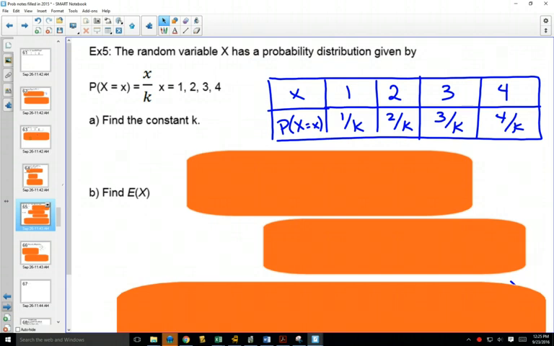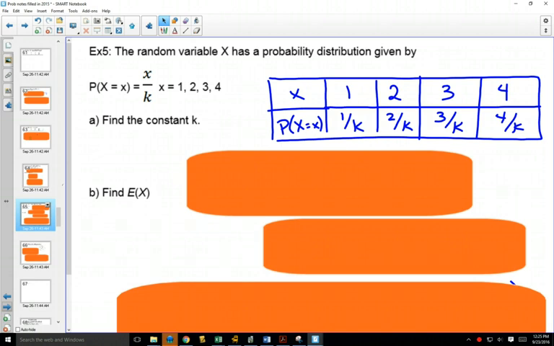So there's our probability distribution. So it's a matter of deciphering what this means. Probability x equals x, well, that's the bottom of our distribution, is going to equal x over k. So for 1, it's going to be 1 over k. For 2, it's going to be 2 over k, and so on.